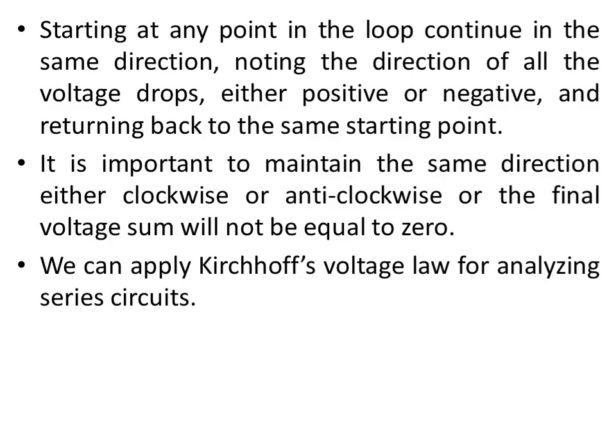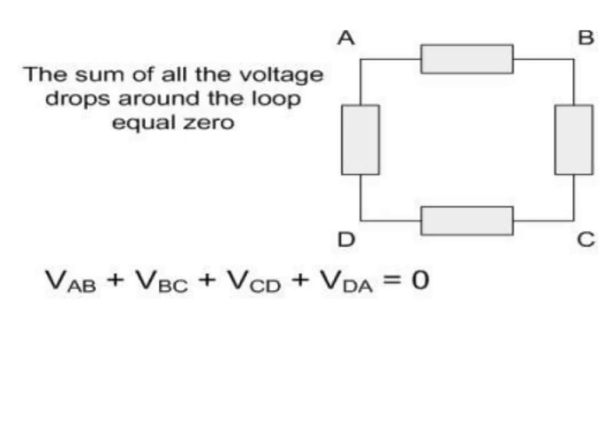We can apply Kirchhoff's voltage law for analyzing series circuits. The sum of all voltage drops around the loop is equal to 0. That is, VAB plus VBC plus VCD plus VDA is equal to 0.